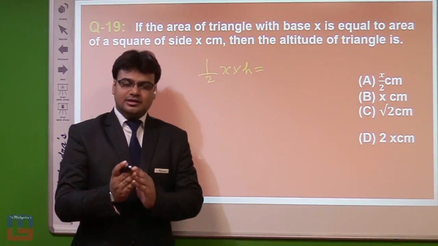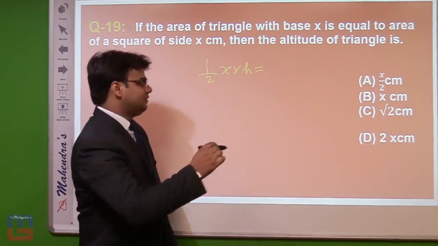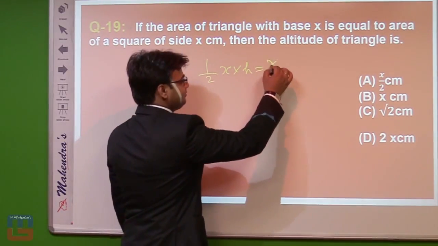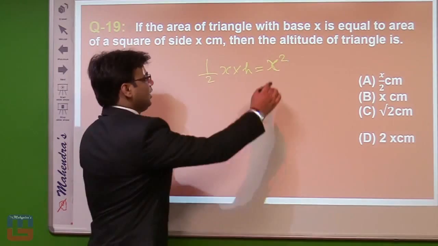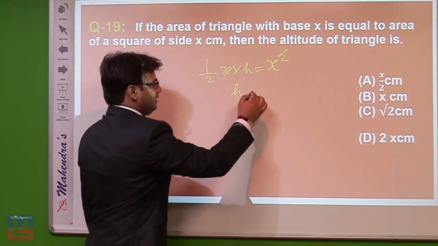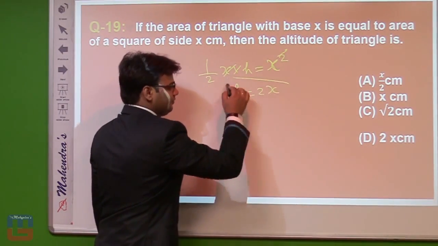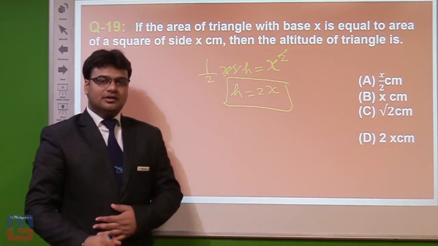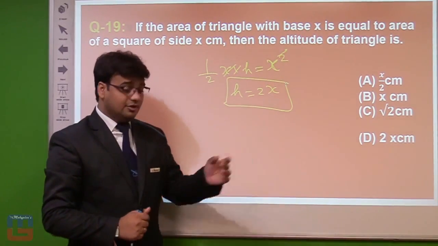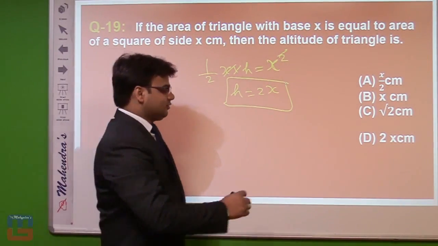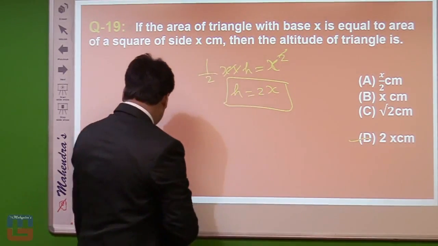We know the area of a triangle is half of base into altitude. Here the base is x and the altitude is what we are required to find, equal to the area of the square. The area of a square is side square, so we write x square. X cancels out, so we write s is equal to 2x. We check where 2x centimeters is available. It is available in our fourth option, so the correct answer is 4.